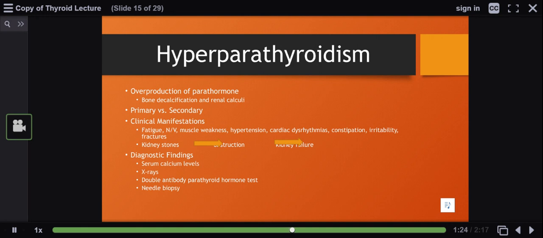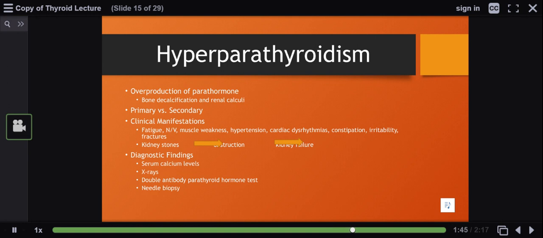Other clinical manifestations you'll see is extreme fatigue, bone fractures, especially in the weight-bearing joints, constipation, irritability. Think about all the signs and symptoms that we would expect to see with somebody with hypercalcemia.